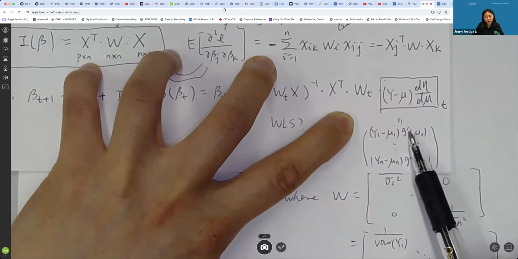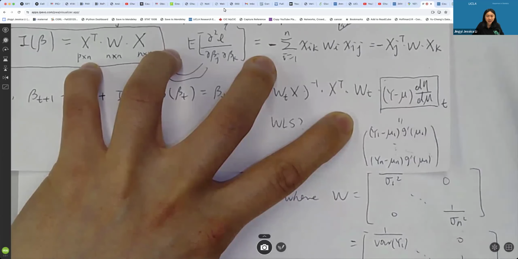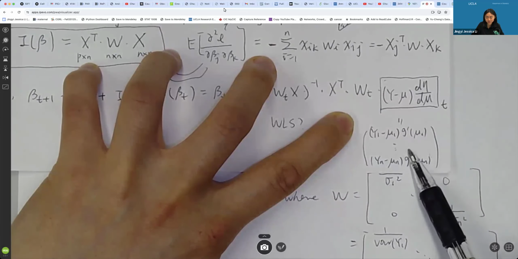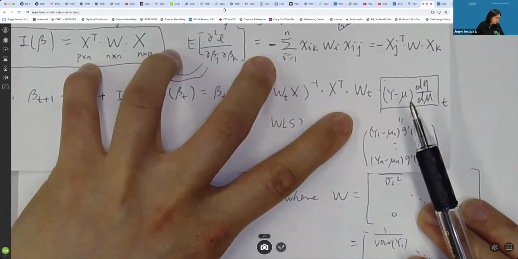You're using this linear approximation to approximate g of yi at mu i. I'm not sure if what I said makes sense to you, but I'm trying to give this level of intuition if you are familiar with the delta method. But if not, you can ignore what I just said, because this relies on some previous knowledge about the delta method for approximating the variance.